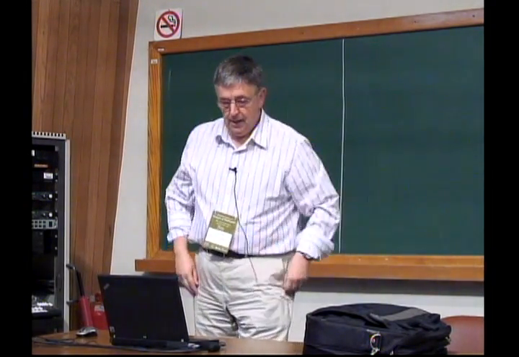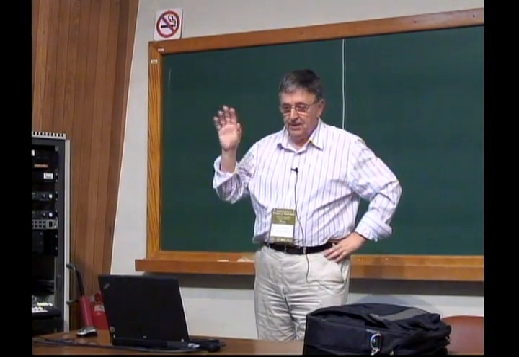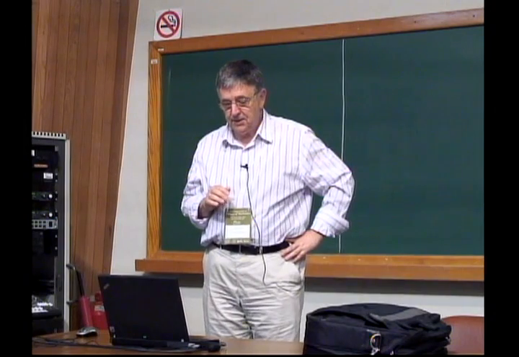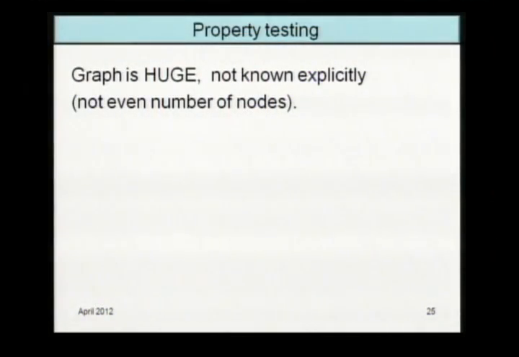Okay, so let me briefly talk about another application in a different area. This is computer science, and it's called property testing. Suppose you have a graph which is huge.